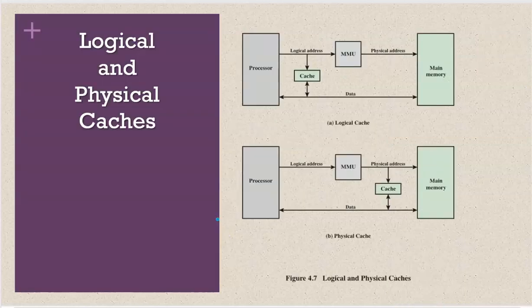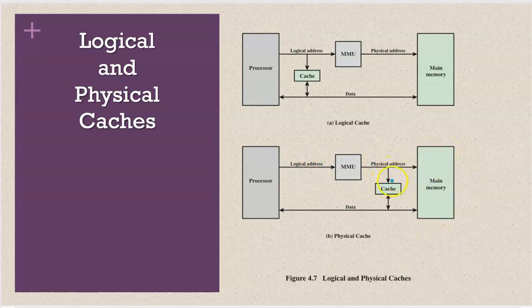Okay, so this is logical and physical cache. Here we have a processor and our cache connected to a logical address line connected to the MMU, which translates the virtual address to the physical address in the main memory. Main memory is also connected to the cache and the processor via a data line. For the physical cache, we have a processor and a logical address that is connected to an MMU, which translates the virtual or logical address to the physical address in the main memory.